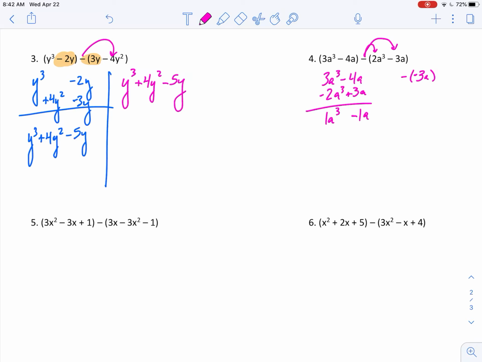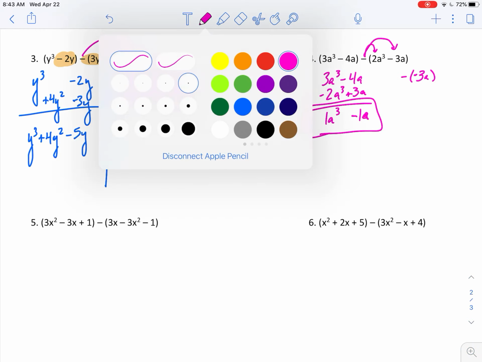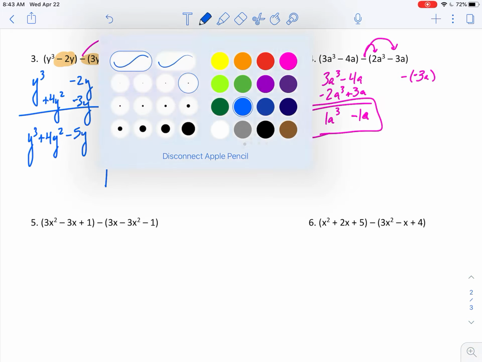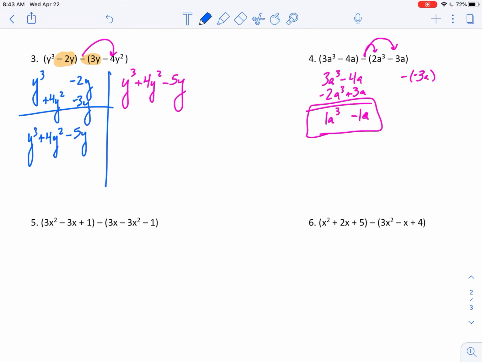And then when we combine our like terms here, negative 4 plus 3 is negative 1a, and 3a cubed minus 2a cubed is 1a cubed. So I've got 1a cubed minus 1a.